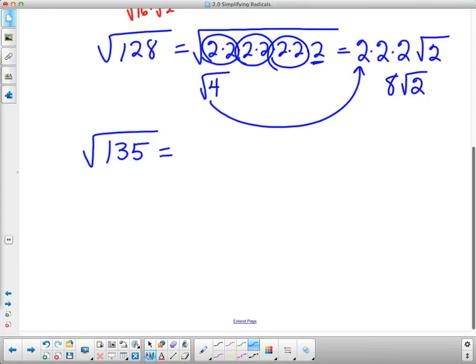Square root of 135. 5 would be 3 times 9, that's 3 times 3.